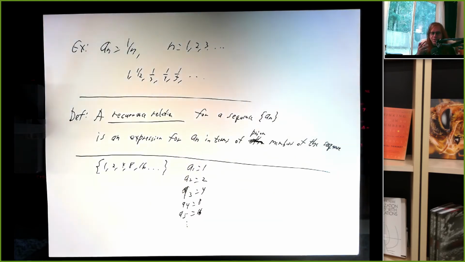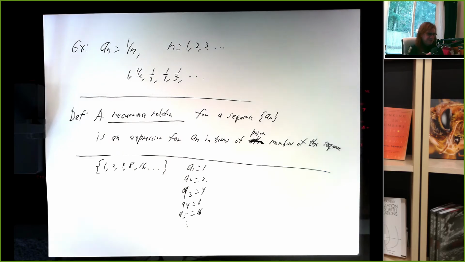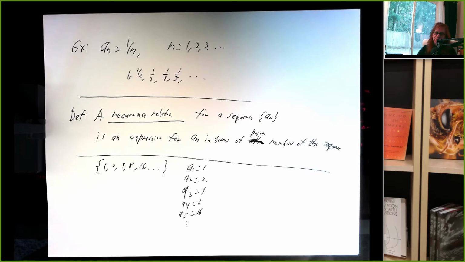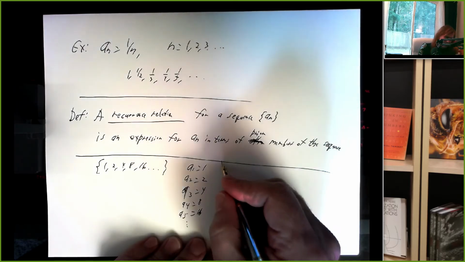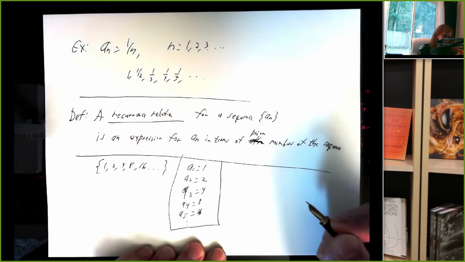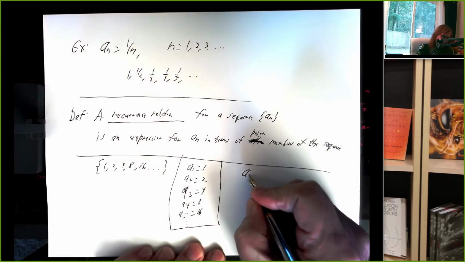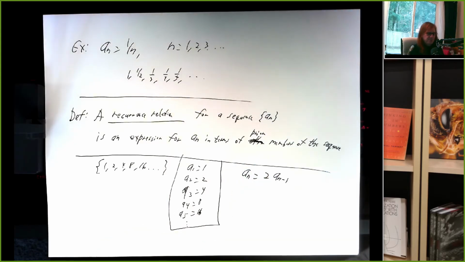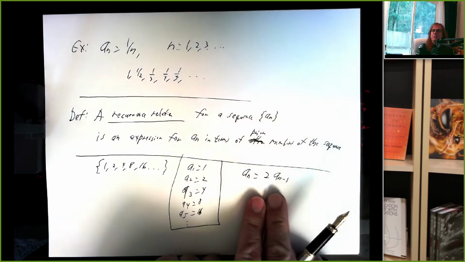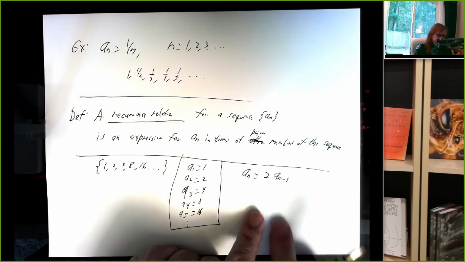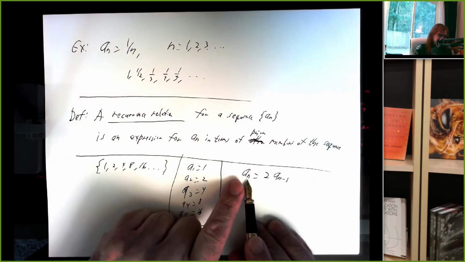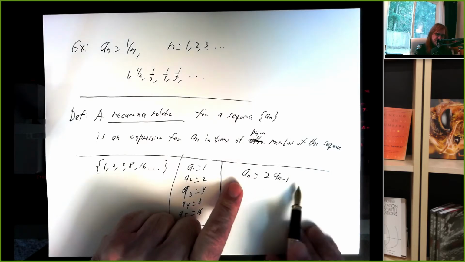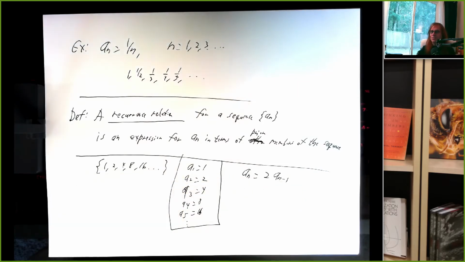And if we're kind of clever, we can find a formula for an, and it's going to be something like 2 raised to the n minus 1. But if we're a different kind of clever, we may simply make the observation that the nth term is twice the n minus first term. This is what we mean by a recurrence relation. It's an expression that describes the nth term as some function of the prior terms in the sequence.